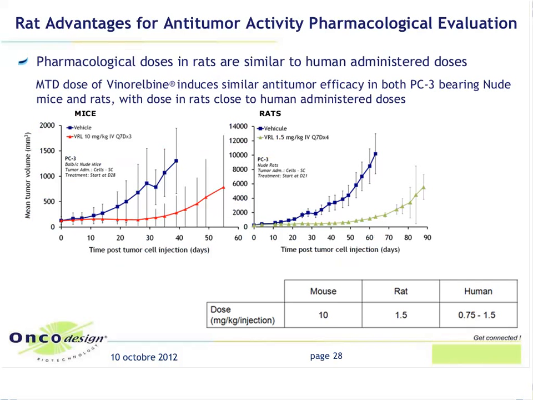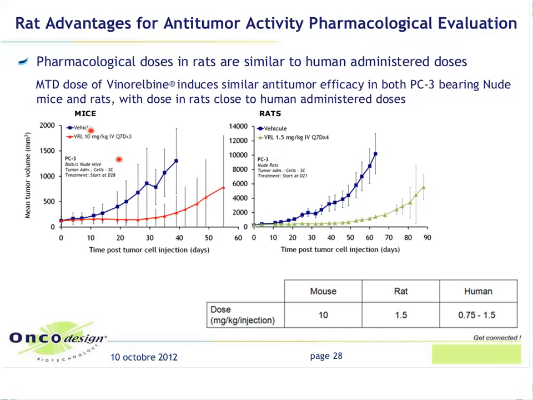Relative to the pharmacological evaluation, in this slide, we can see the pharmacological effect of vinorelbine in nude mice or nude rats. These two models bear subcutaneous human prostate PC3 tumors.